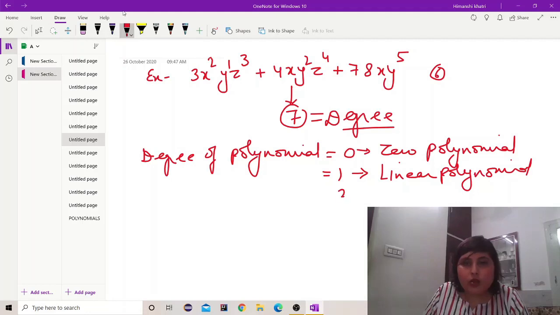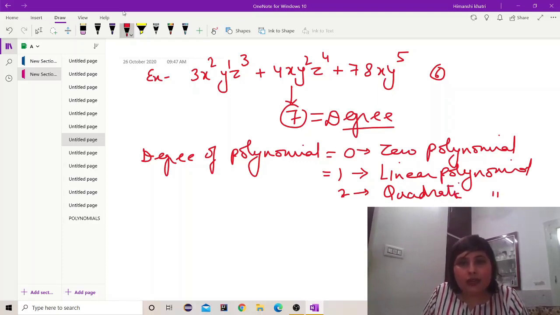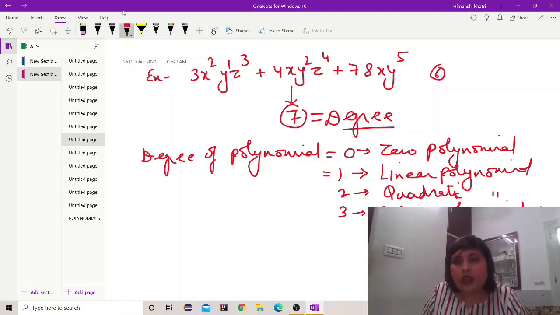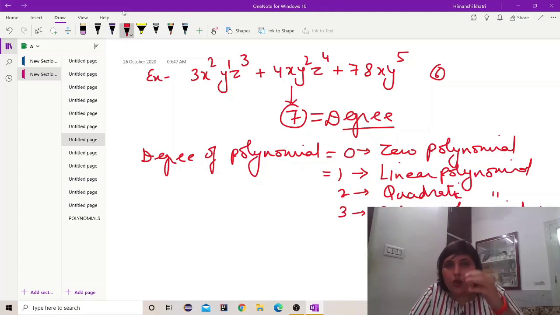If the degree becomes 2, then we call it a quadratic polynomial. And if the degree becomes 3, then we call it a cubic polynomial. And so on the name goes. So you just have to remember zero polynomial, linear polynomial, quadratic polynomial, cubic polynomial, and so on. The power increases and the name changes, but you just remember these 4 because this will be mainly used in your course.